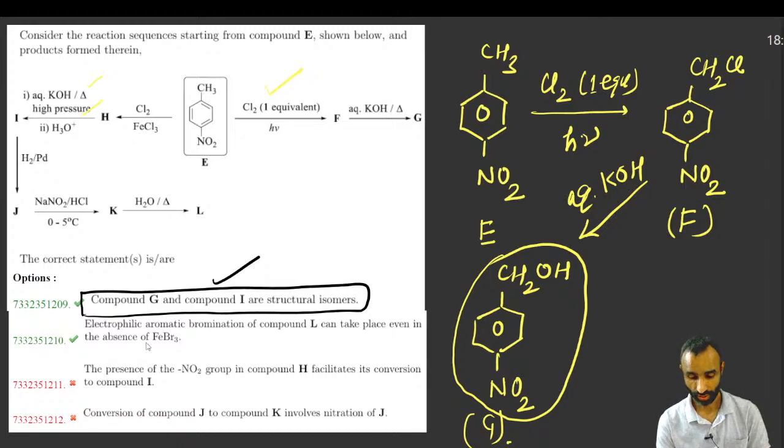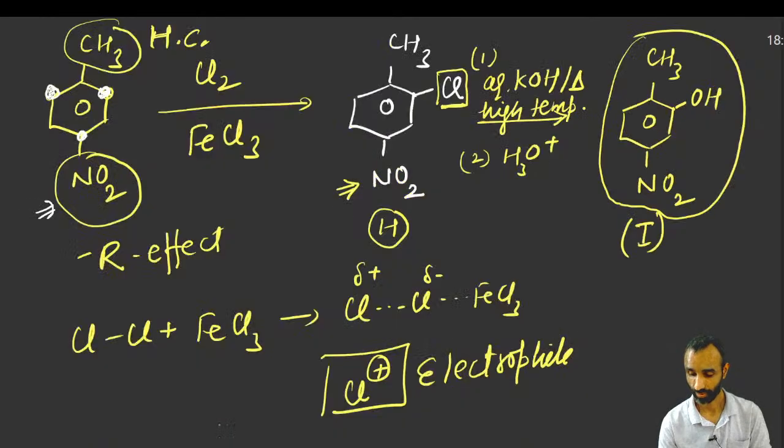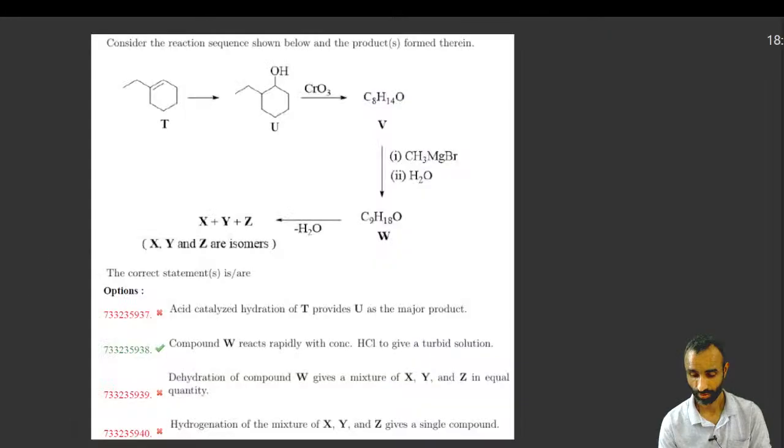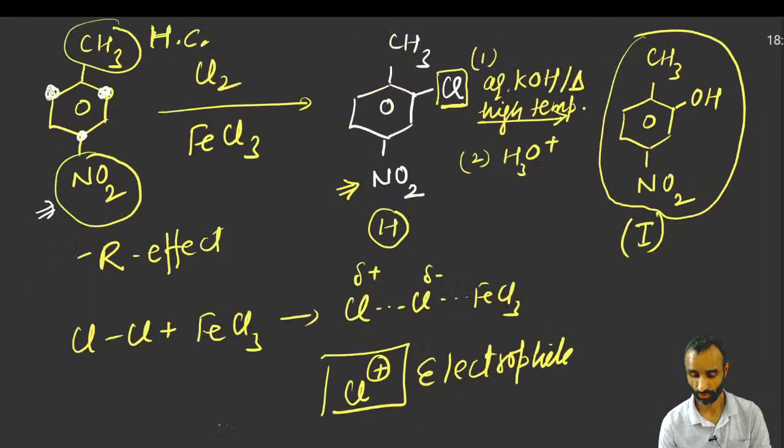Now next is electrophilic aromatic bromination of compound L can take place even in the absence of FeBr3. Yes, why?